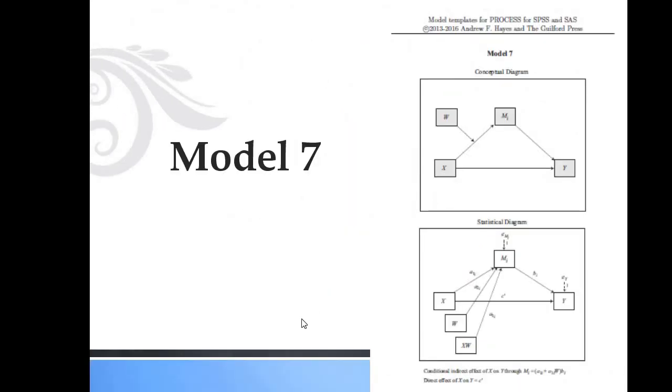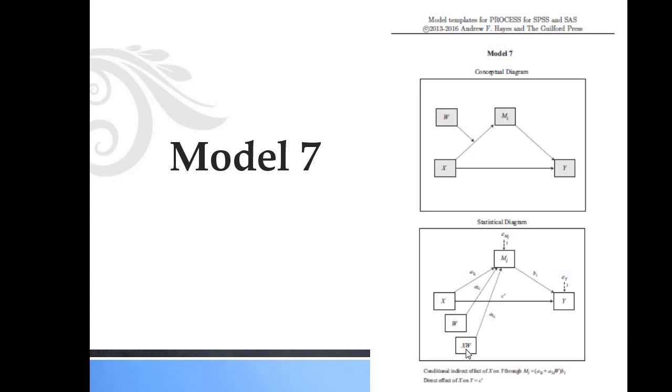Then comes the moderator. In moderation, you have an independent variable and you have a dependent variable. What you do is simply multiply the independent variable with the moderator. You come up with an interaction term, or a new product variable. This is the product of the two variables.